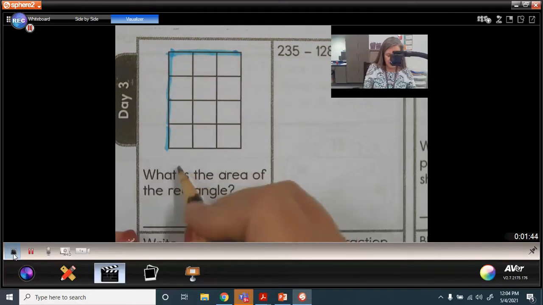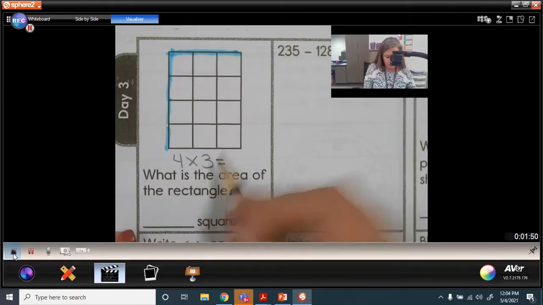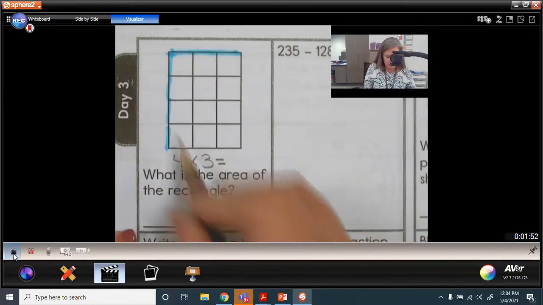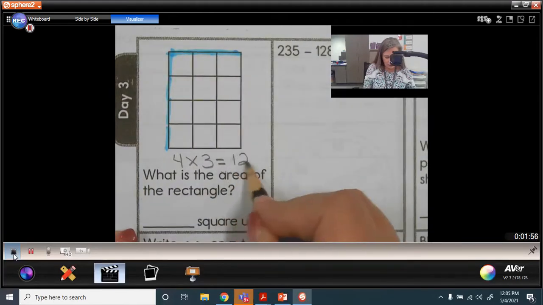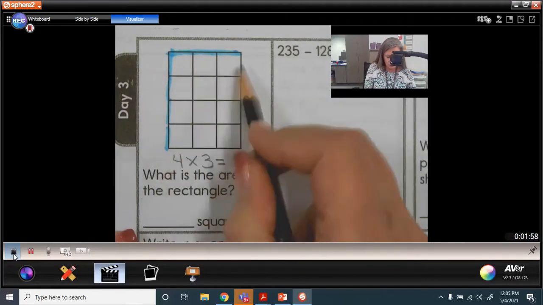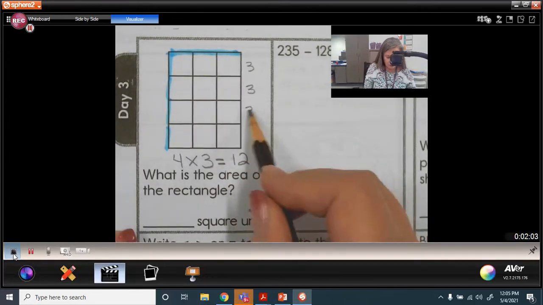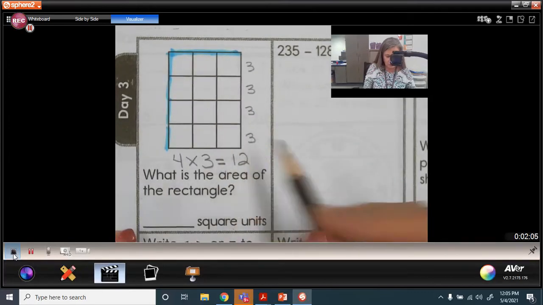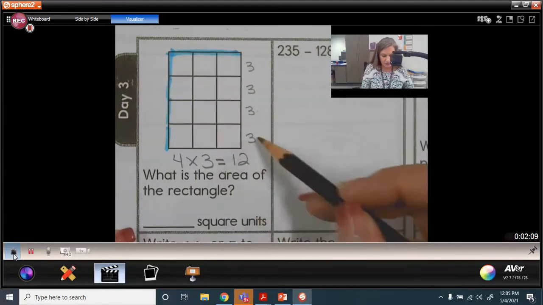So to find the area or the square units that this rectangle covers, this whole rectangle is covered by square units. And inside we have 12 square units because we have 3 in this row and 3 in this row and 3 in this row and 3 in this row. So 3 plus 3 is 6, plus 3 is 9, plus 3 is 12.